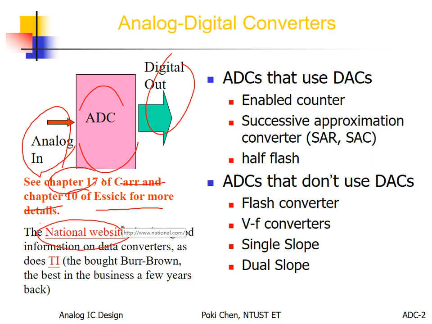Especially for National Semiconductor, they have the so-called analog college or something, 类比学院. Anyway, online they provide some kind of fundamental materials for you to understand not only ADC but DAC and all other important analog IPs to see the operation principle and also the applications.